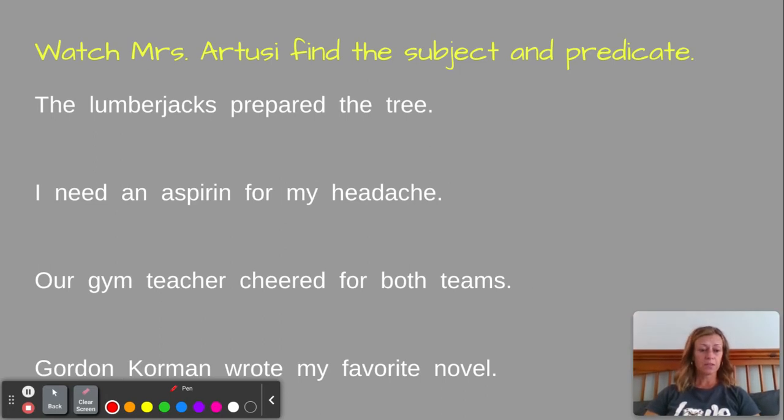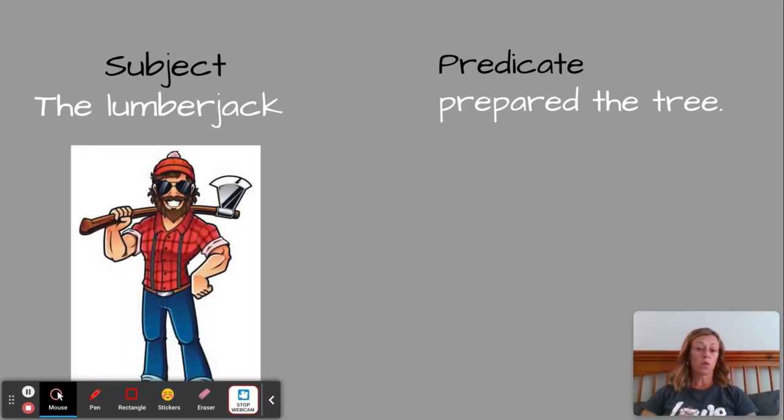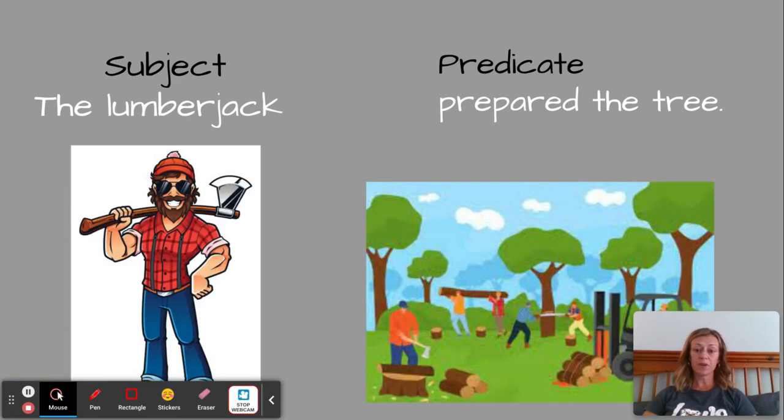So as we look ahead here, let's see if I can get my technology to work. I'll put the pen away. And here we go. So for example, the subject of the last sentence was the lumberjack. And what did that lumberjack do? They prepared the tree, or he prepared the tree.